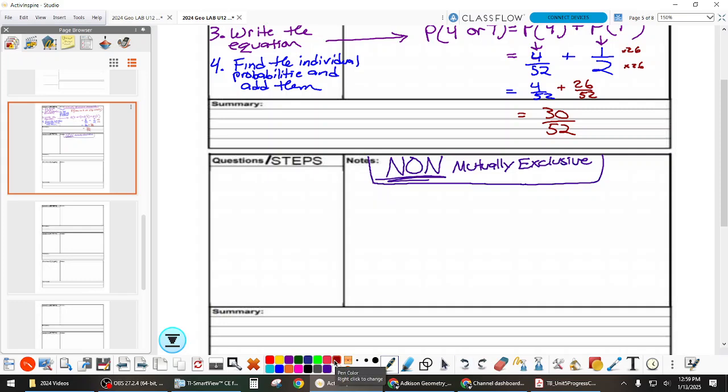Alright, here's our problem. Probability of drawing, so actually let me just write it in words. Are you guys good with prob for probability?